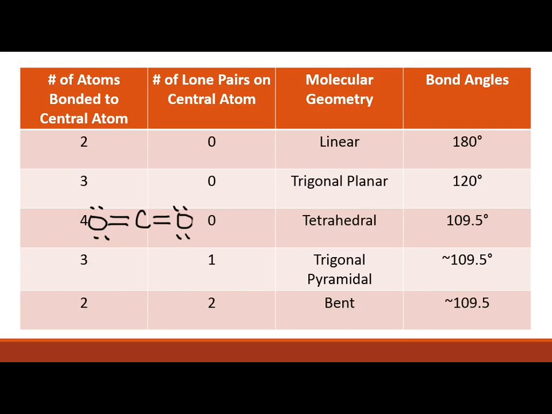And again, what you would do is you would look at the central atom, in this case carbon, and you would say, you know what, this carbon has 1, 2 atoms bonded to it, and it has 0 lone pairs on the carbon itself. There are plenty of lone pairs on the oxygens, but 0 lone pairs on the central atom. Therefore, it's a linear molecule with a bond angle of 180 degrees.